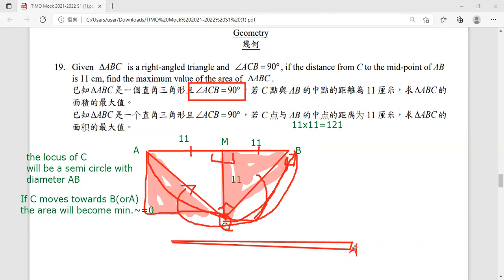When you put C here, when C overlaps with B, then the area will be 0.